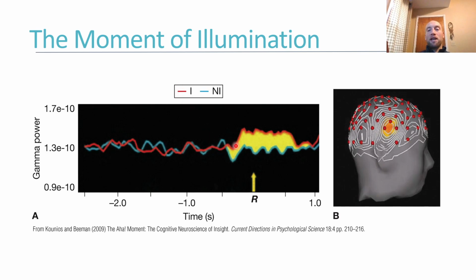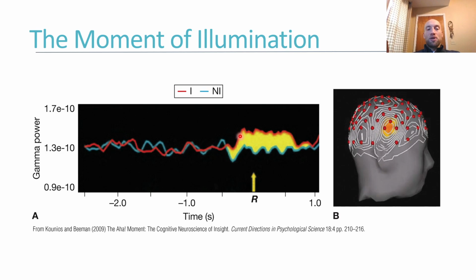We have this big decrease shortly before I give a response. So this right here, this really rapid decrease, is letting us know that something is going on. And like the R right here, that is when they give their response. I have the solution. I know what the answer is. Bingo, bango.